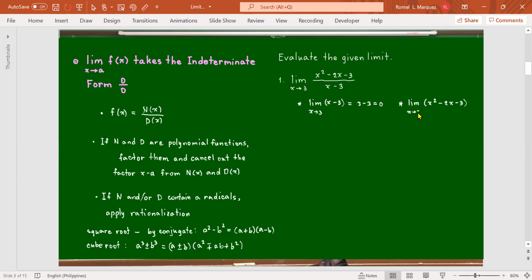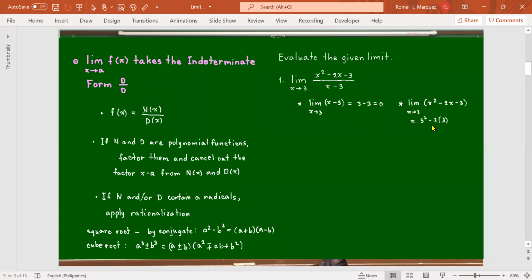What about the limit of the numerator? So we can apply direct substitution here also, no? So that is 3 squared minus 2 times 3 minus 3. That is 9 minus, guys, 2 times, this is 2 times 3, no? I think I made a mistake here.